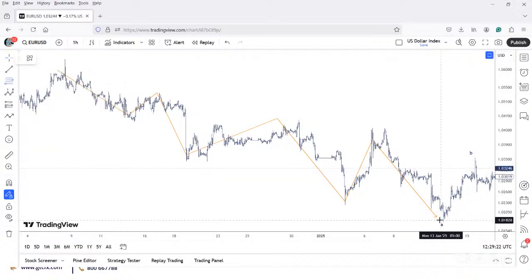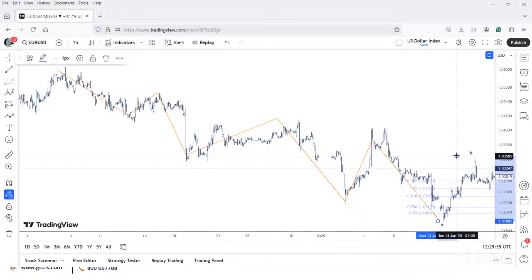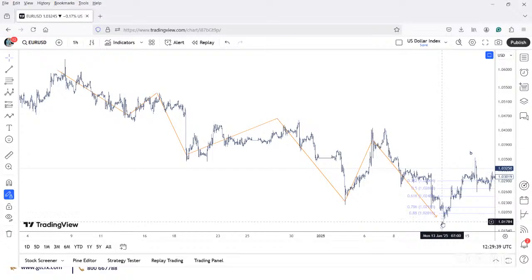Move your mouse from A to B. You click A and hold, then drag your mouse towards B and release. Give a second click there. The first click is A, the second click is B. The moment you do so, you will see lines over here.